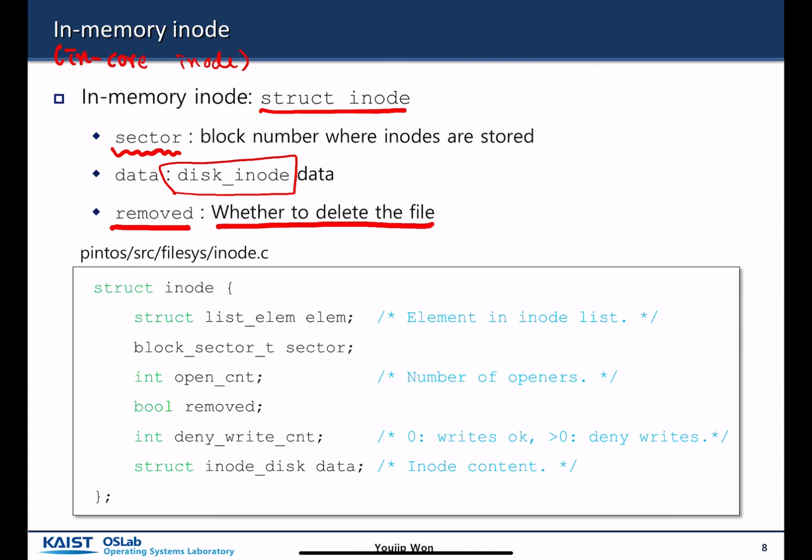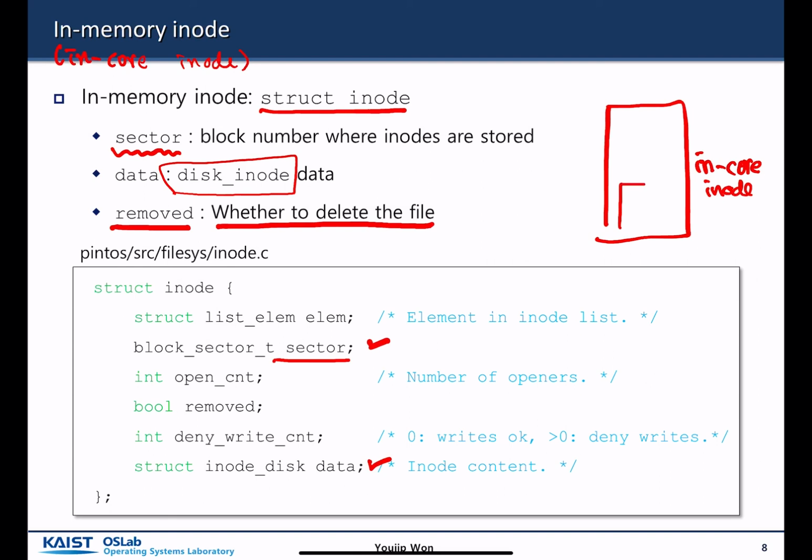Okay, let's look at the actual data structure. The easiest part, the sector. This is the location of the inode on the disk. So this part is done. And the last part is the data structure for on-disk inode. As I told you before, in-memory inode is a superset of the on-disk inode. So this is in-memory inode, or in-core inode.